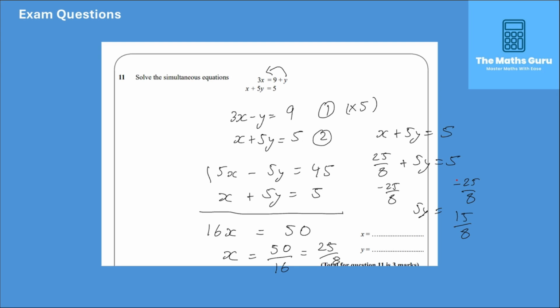Now dividing through by 5 on both sides, we get that y is equal to 3 over 8, and this is our answer. So x is equal to 25 over 8 and y is equal to 3 over 8.